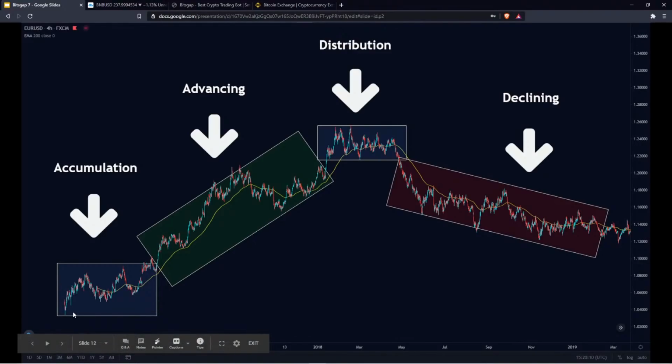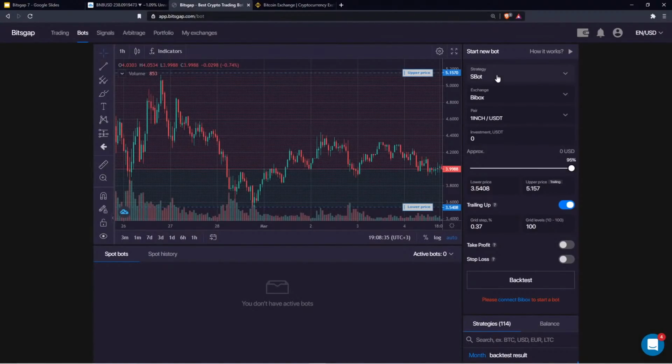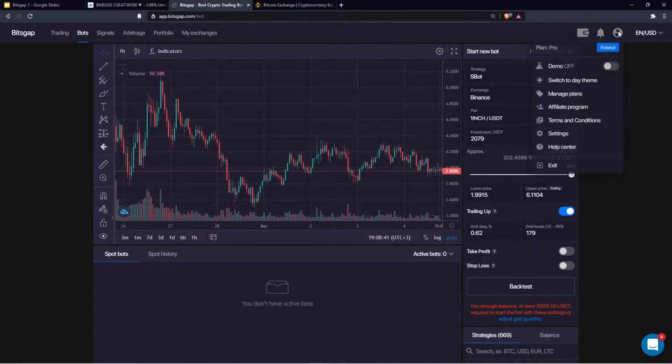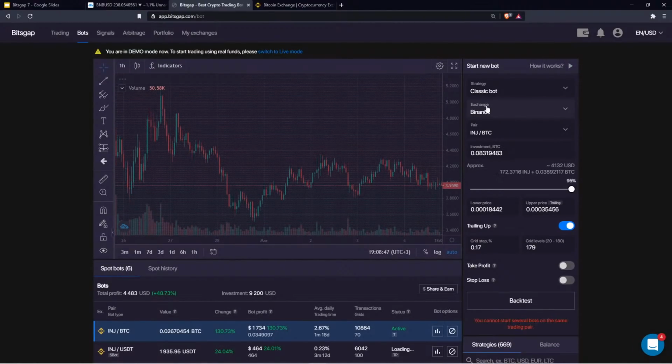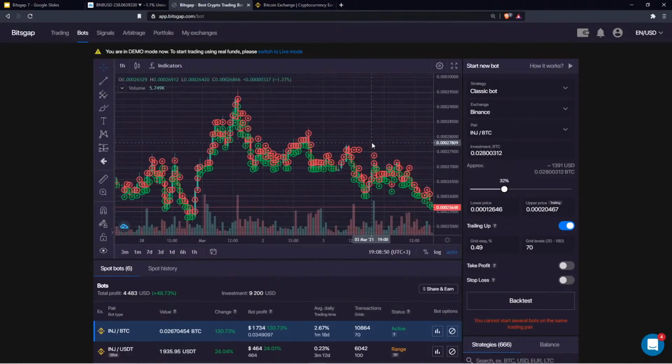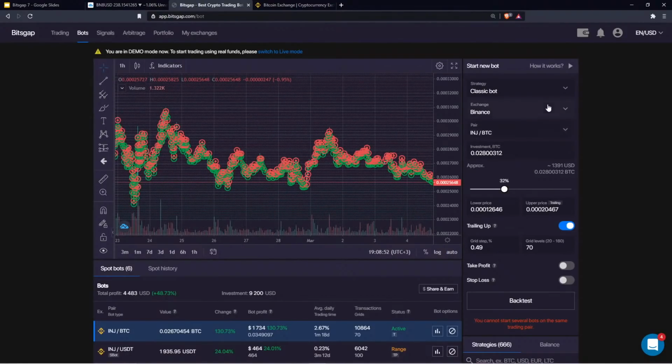You see, it swings from the horizontal support and horizontal resistance line, same in the distribution phase. So for this market formation, we have the strategy known as the S-bot. So let me switch to the demo mode, where I have my virtual money to experiment with and to demonstrate many trades.